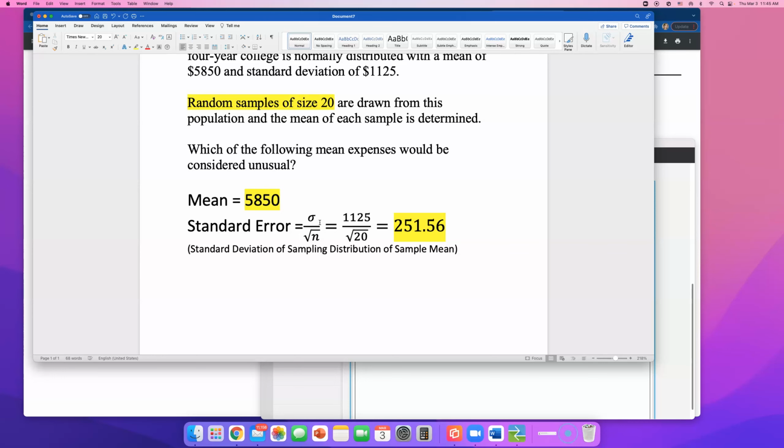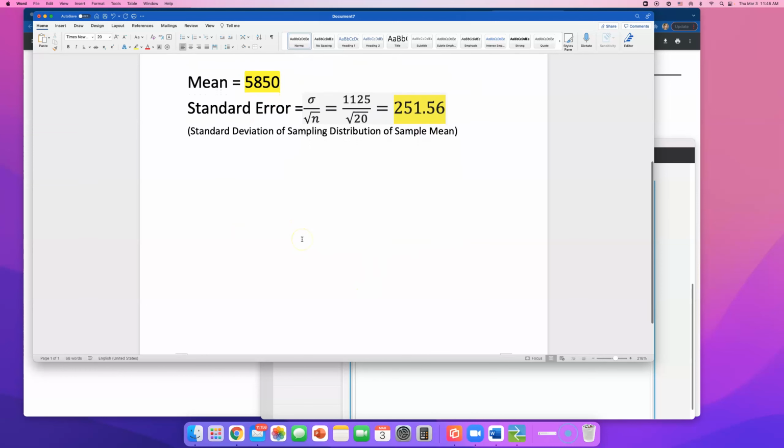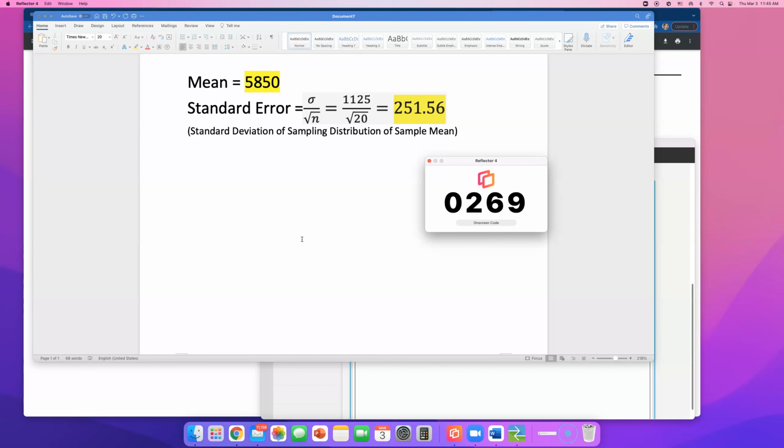So I'm going to sketch a normal distribution of this picture. Let me bring my tablet. This is a multiple choice question, so we can just see which one is outside that range.